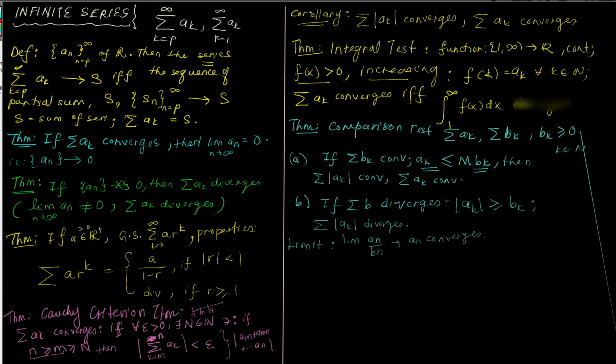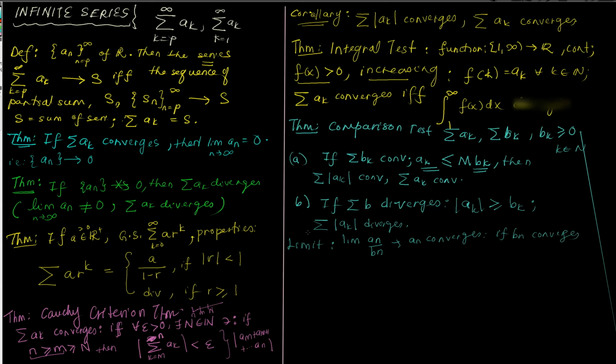But if b_k diverges, then a_k diverges. So a_n converges if b_n converges. So that makes sense, right?